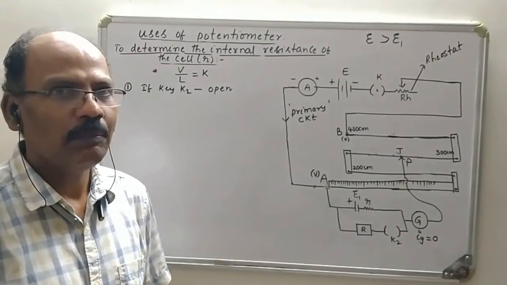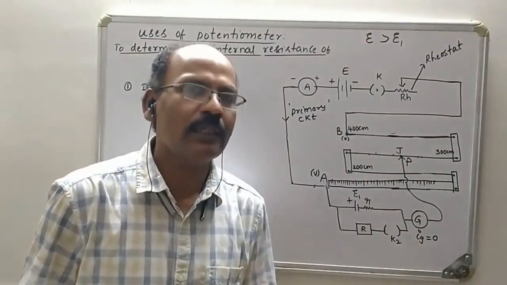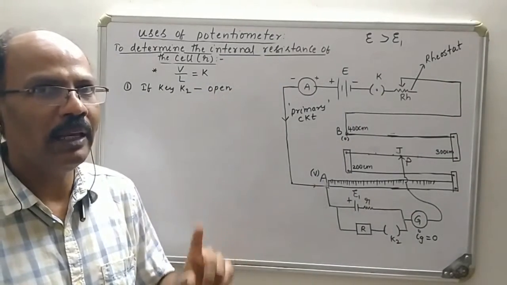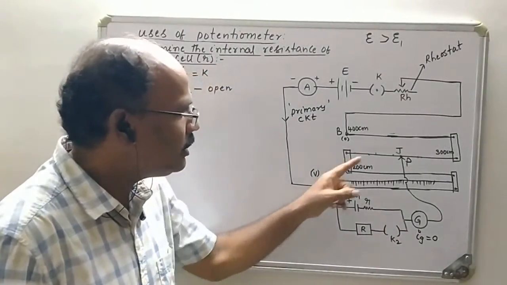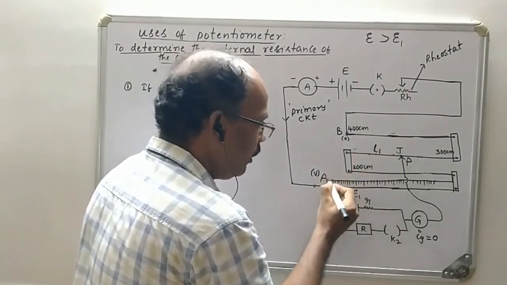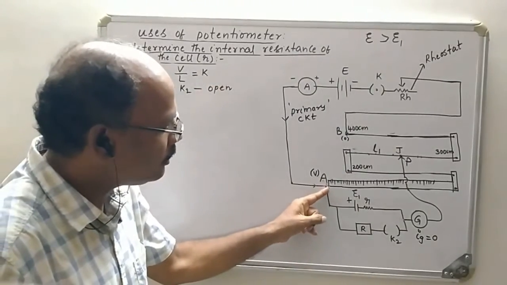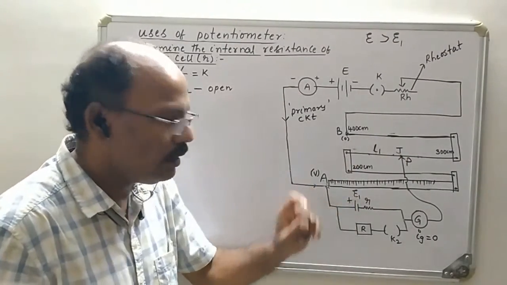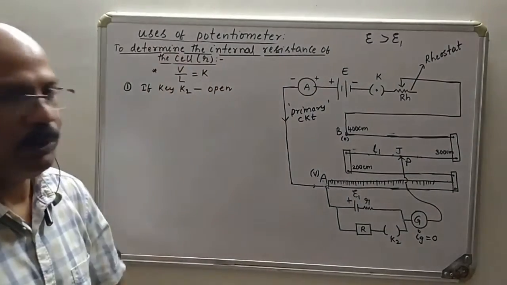Null point means the point at which the jockey J touches the potentiometer wire such that the current passing through the galvanometer is equal to 0. That point is the balancing point, and that length is called the balancing length. So AJ is the balancing length, represented by L1, between A and J. The potential drop across the given length of wire AJ is equal to the EMF of the cell E1, from the principle of potentiometer.